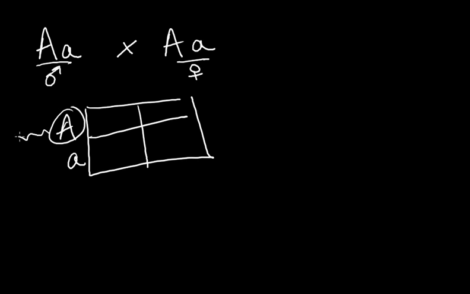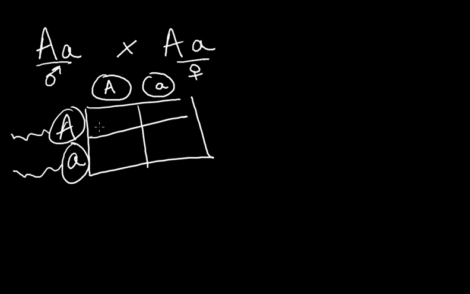This individual is producing half sperm with this big A allele and the other half with a little a allele. This female is producing an egg with a big A, half of them with a big A, half of them with a little a.